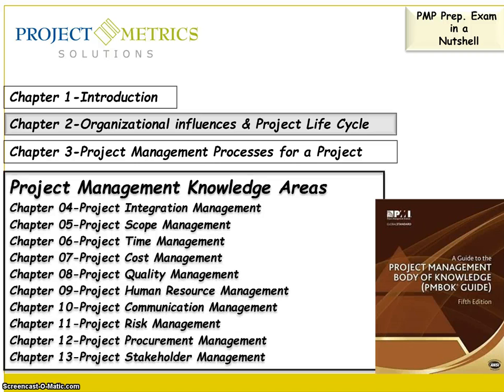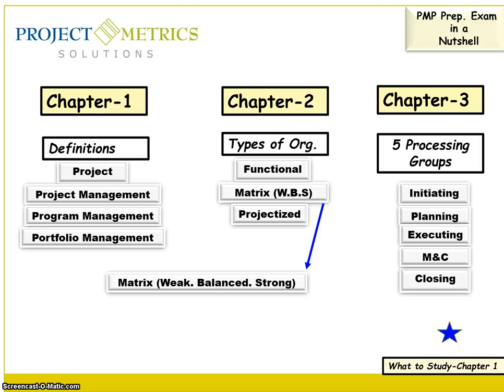What is your strategy? You know that the layout of the PMBOK Guide is 13 chapters. I'll walk you through the first three chapters. Chapter one is concerned with definitions, and after, as a project manager, you know the definitions, chapter two introduces you to the types of organization and your power as a project manager in different types of organization.